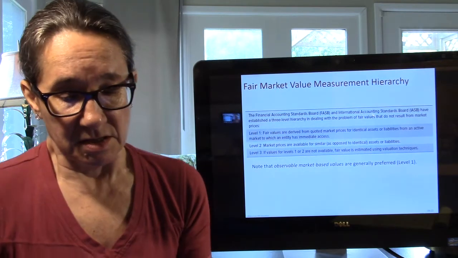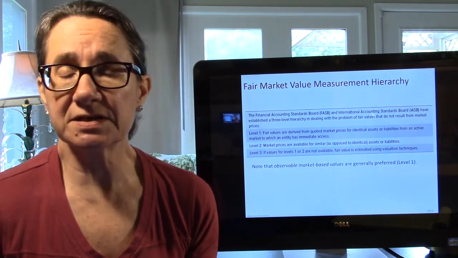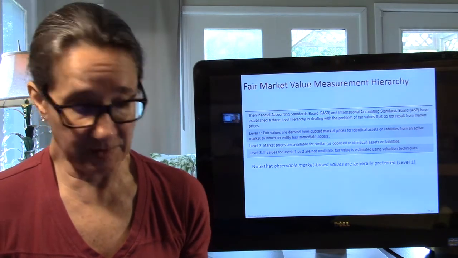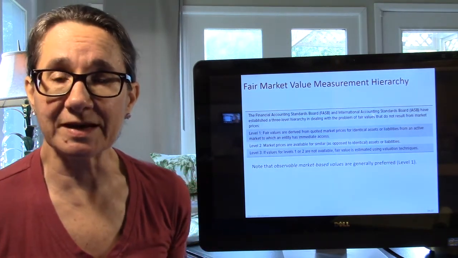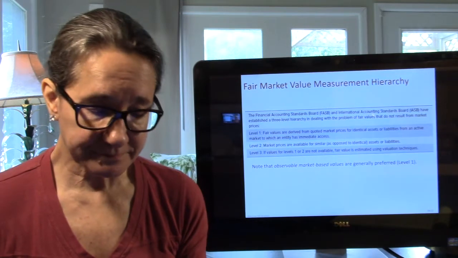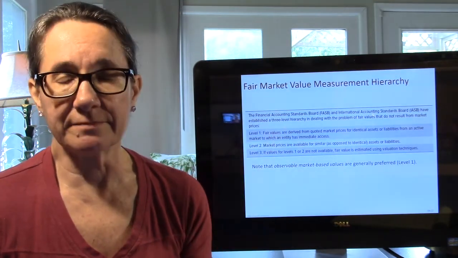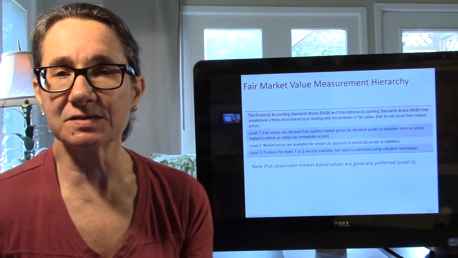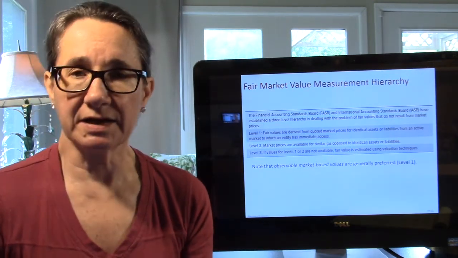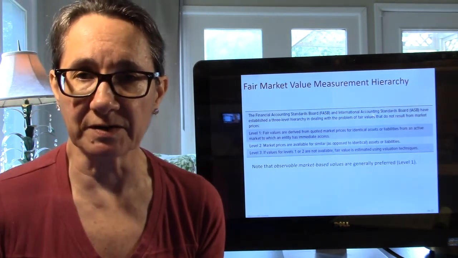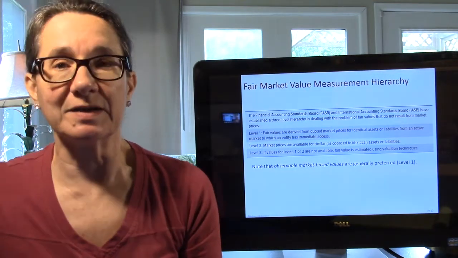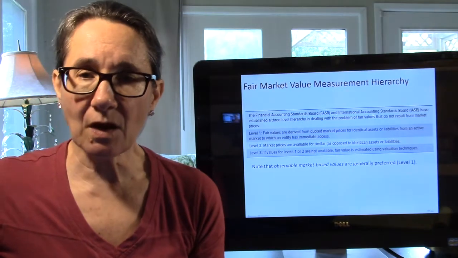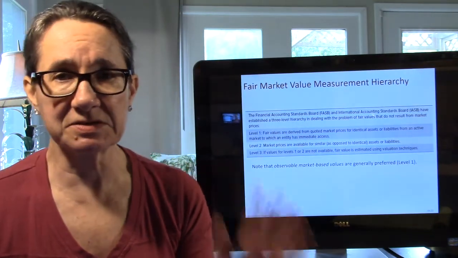Okay. So there's a three-level hierarchy for fair value that I guess you must have learned in intermediate. I hope you did. Level 1, you get your fair value from quoted market prices, right? So if your client has invested in stock of some other company and they don't have to be consolidated, or use the equity method, they just purchased some Apple stock.